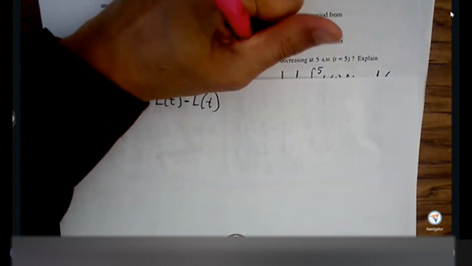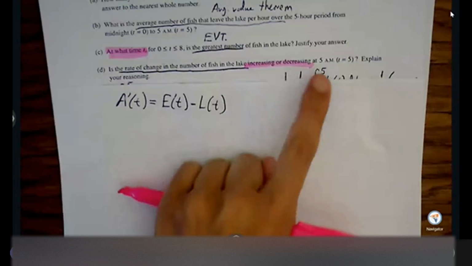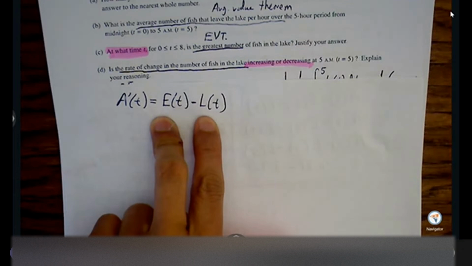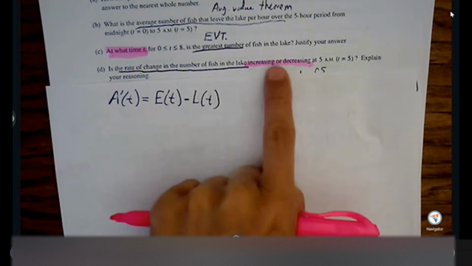But this is part D, so we know it's not going to be quite as straightforward as we would like. It says, is rate of change in number of fish increasing or decreasing at 5 a.m.? So can we just plug 5 into A prime and arrive at what they're asking for? That's right. Yeah, it's going to be involving A double prime.